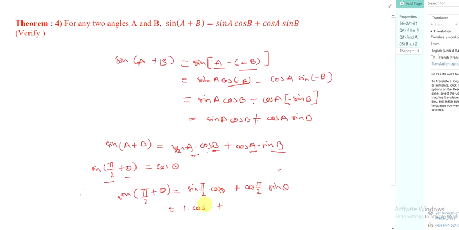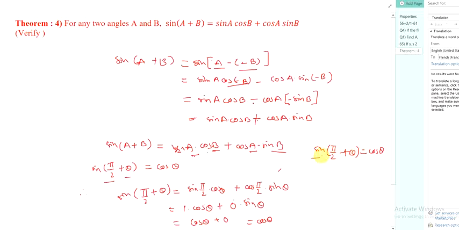Substituting the value of B, cos π/2 means cos 90 degrees, and cos 90 degrees is equal to what? 0, into sin θ. That is, finally we have 1 into cos θ plus 0 into sin θ, which is eventually cos θ. Finally we get the result that sin(π/2 + θ) is equal to cos θ.